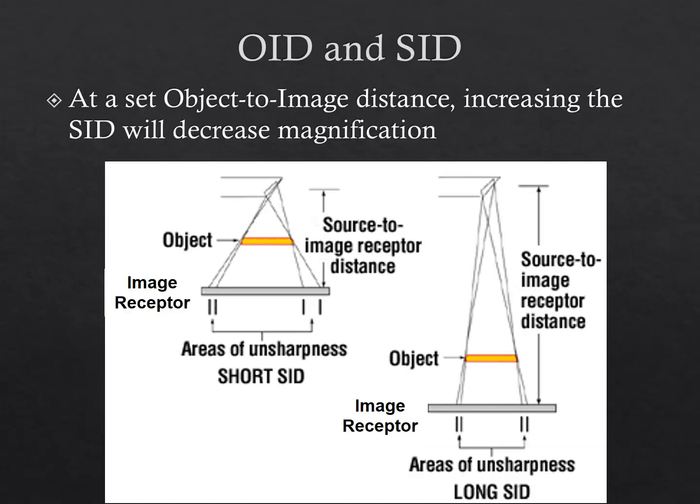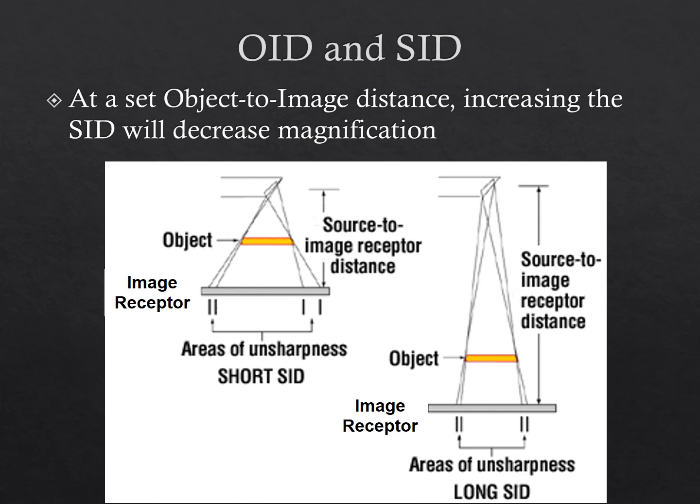All right, so let's look at the relationship between OID and SID. Here I have the OID set at a particular distance, say 20 inches, so my object is 20 inches from my image receptor. And here is my 40-inch SID.